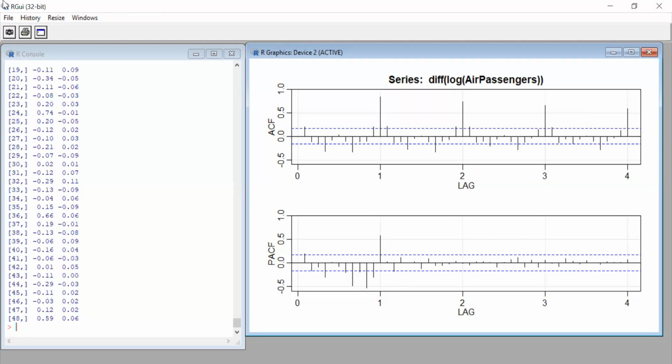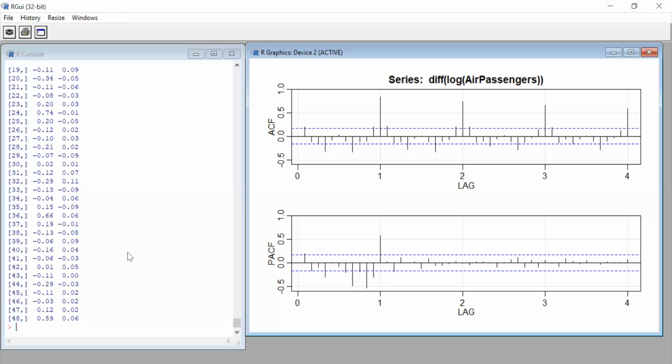It was the AR model, right? So P was the number of parameters in the AR part. So P is equal to 1 and Q is equal to 0. So by the seasonality, we can suspect it is AR(1).